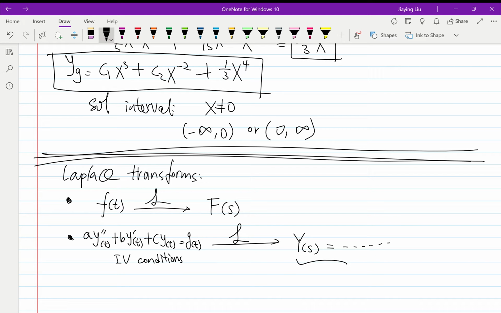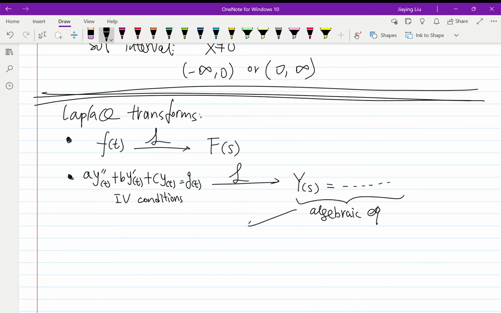This is not a differential equation, this is actually an algebraic equation. It means that we completely bypass the whole trouble with solving differential equations. We just get an algebraic equation that is easy to solve.